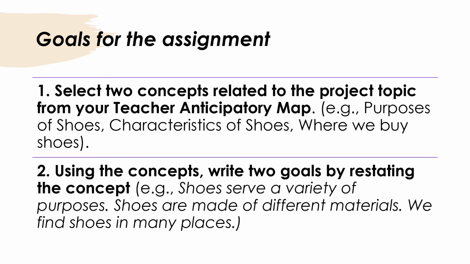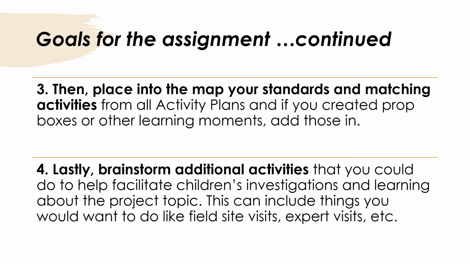Now you're going to use those concepts and write 2 goals by restating the concept. Shoes serve a variety of purposes. Shoes are made of different materials. We find shoes in many places.